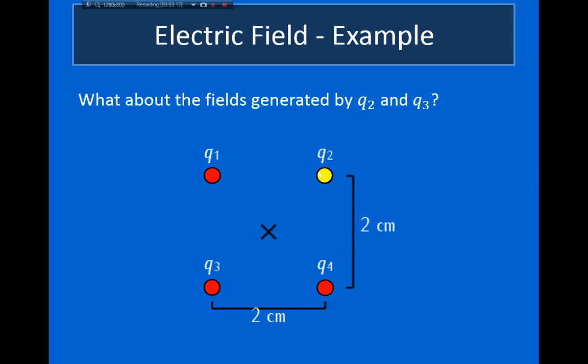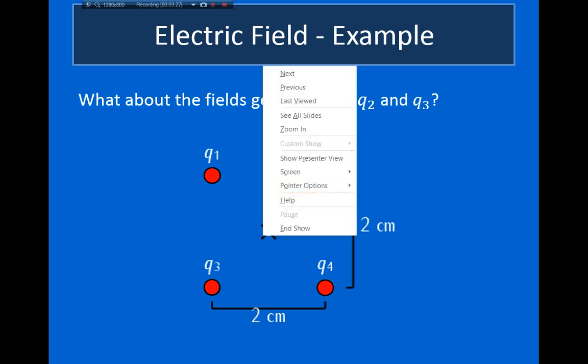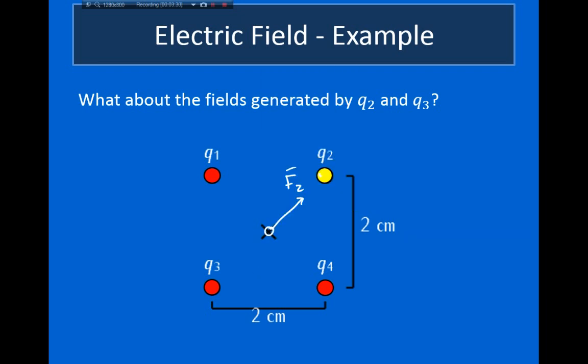Well, if I put a positive test charge here, it will be attracted to the negative charge here. So the force that's created by Q2 points like this, towards Q2. And the force that's created by Q3 is going to point away from Q3, because like charges repel each other. So Q3 points like this.